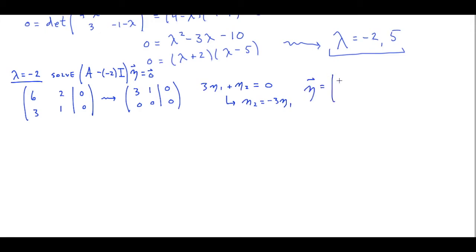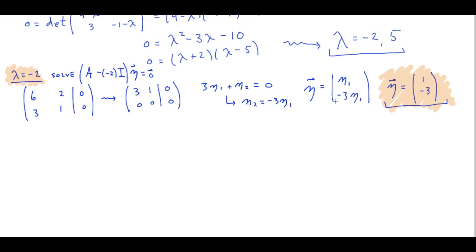I can choose whatever I want for the first component, and then the second component will be negative 3 times that value. And as has been customary, I'm going to leave out those parameters eta 1, and I'll just write that my eigenvector in this case is 1, negative 3.